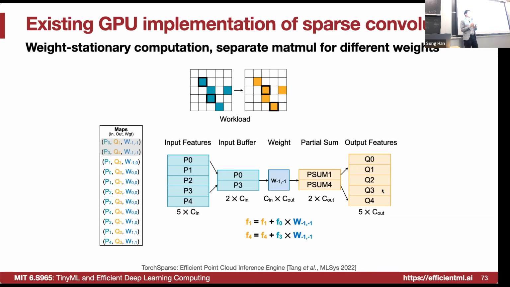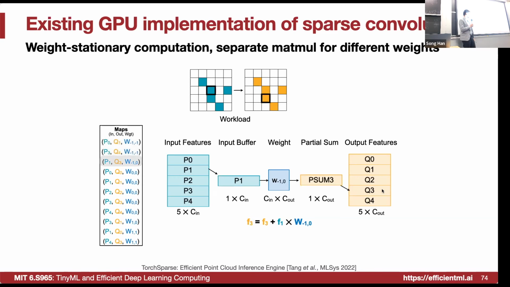Recall in 2D convolution, all the inputs are going to interact with a certain kernel. But this is not the case for sparse convolution. And for another kernel, W-1,0, only 1 input is going to interact with it, contributing to 1 output.